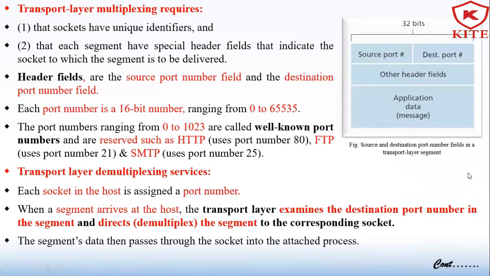Now next are the transport layer multiplexing requirements. Here the sockets have unique identifiers, and each segment has special header fields that indicate the socket to which the segment is to be delivered. The header fields are the source port number field and the destination port number field.